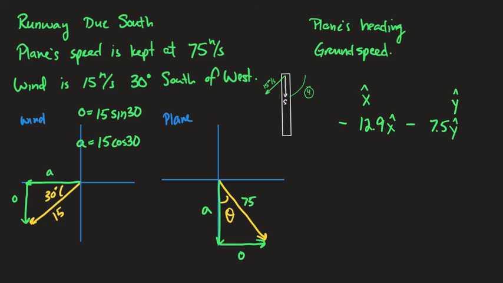I do want to point out that the adjacent side is negative. The opposite side is positive. So opposite, 75 sine theta. Adjacent, 75 cosine theta. So opposite's the x direction, 75 cosine theta x hat, minus 75 sine theta y hat.